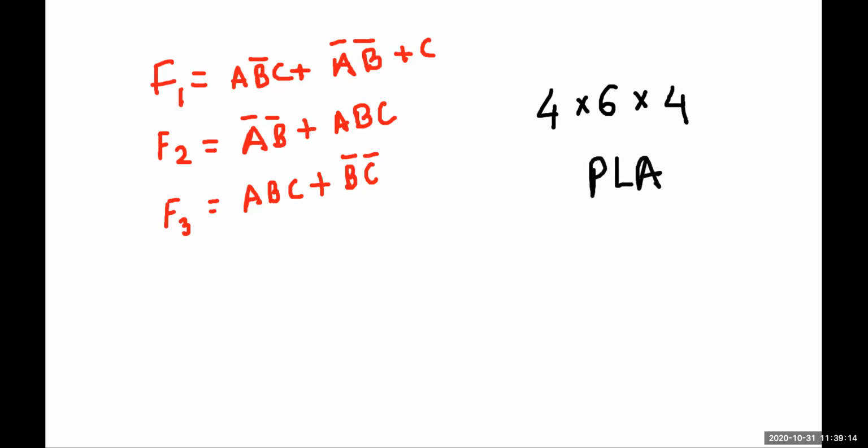What do I mean by that? Here, 4 is the number of inputs, 6 is the number of AND gates, 4 is the number of outputs. You have to use it. You cannot ignore any one of them. But you can keep one input or one output empty. You can keep it empty, but you have to design it first.